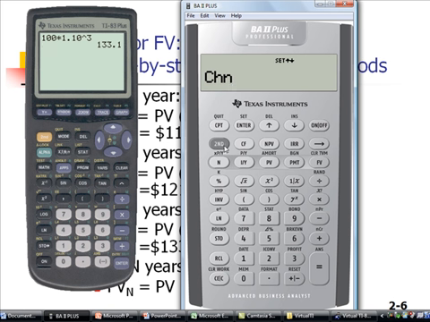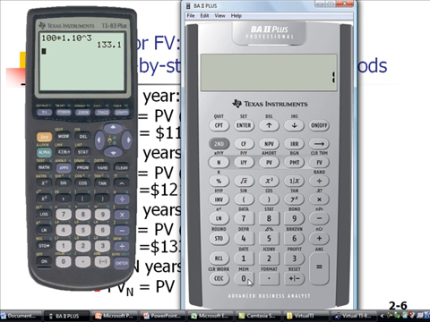I'm going to push the second key, and then I'm going to push set, which is just above and to the right, and now it changes to AOS, which is algebraic operation sequence or something like that. And now we can get out of this by pressing the second key and then quit right above it. And now we're set. We can go ahead and work this problem.